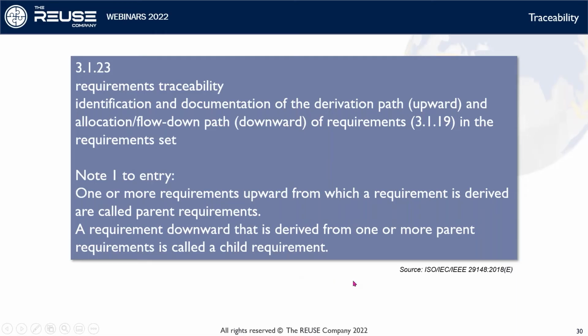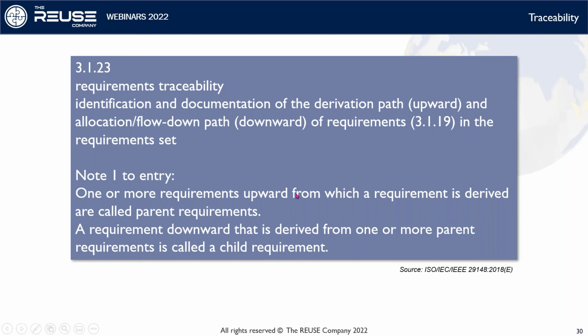What is traceability? According to the 29148 standard, which is the requirements engineering interpretation basically of 15288, it identifies traceability to be requirements traceability, which has to do with the derivation path upwards or allocation flow-down path downwards for requirements. Where do requirements come from and what happens downstream with the requirement?